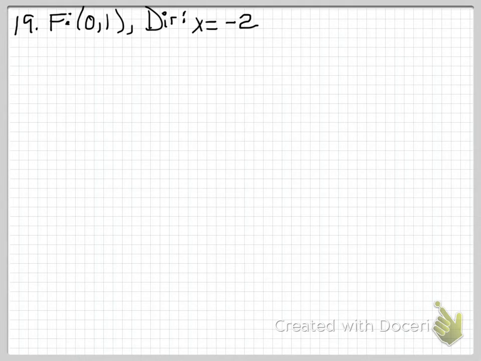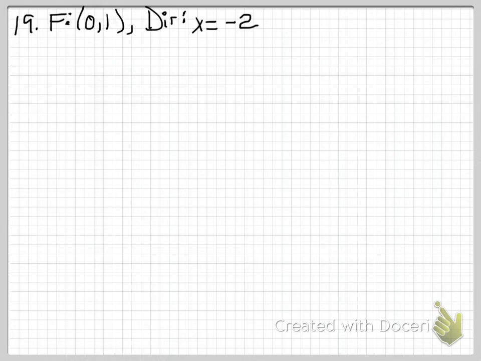Number 19. It says, write an equation for a parabola with the given parameters, then graph the parabola. Okay? So, number 19, we have a focus at 0, 1. We have a Directrix at x equals -2.